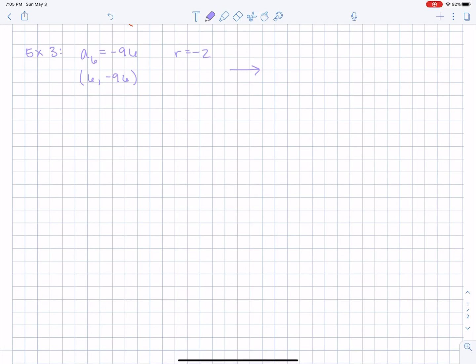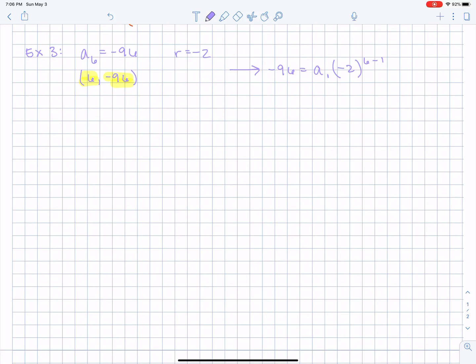Now it's simply using this information in our formula. So I'm going to use our -96 and set that equal to a sub 1, because that's what I don't know. I don't know the first term. Times our ratio, -2, to the power of n, which in this case is 6, so 6 minus 1.